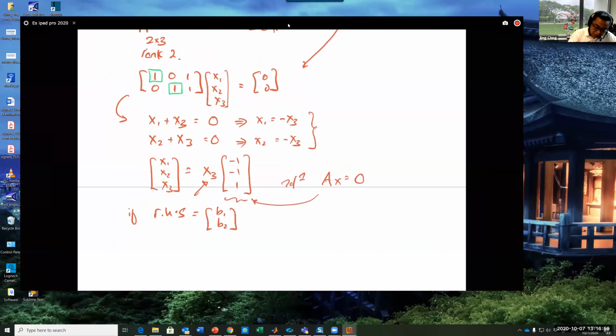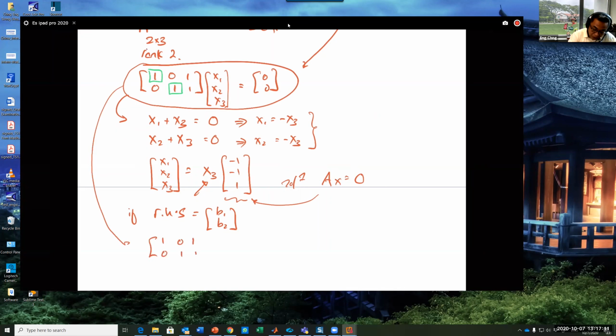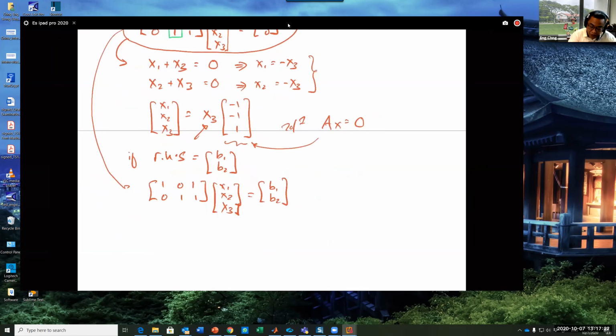Actually, you can study this, and we'll put it down here. Now we'll write the same thing, 1, 0, 1, 0, 1, 1, x1, x2, x3. Now, if the right-hand side is equal to b1, b2, what do you think I would choose x1 and x2 to be?